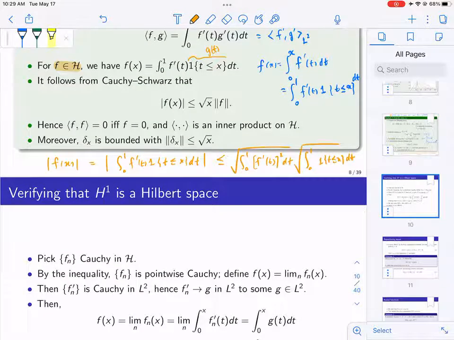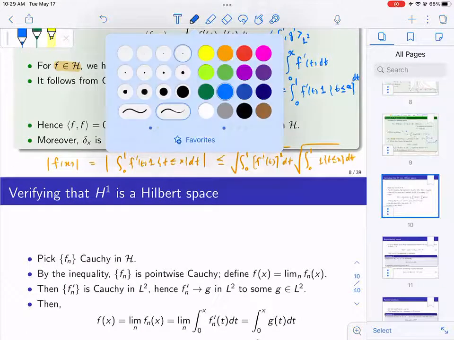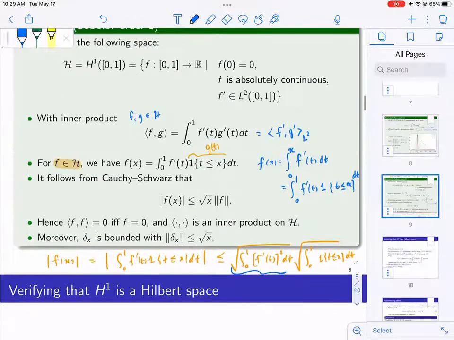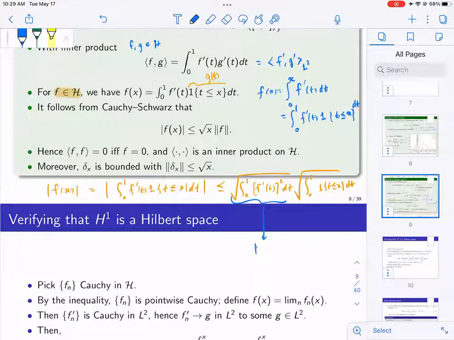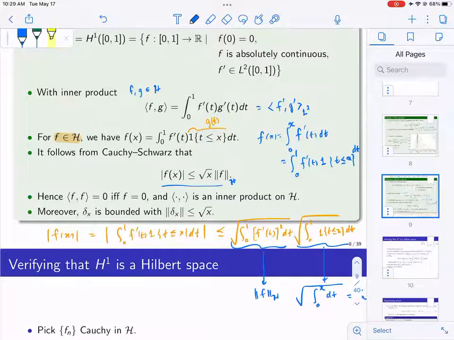By definition of this inner product, the first factor is the Hilbert norm, not squared, just this. And the second factor is just the square root of ∫₀ˣ dt, which is just root x. Okay, so we get something like that.